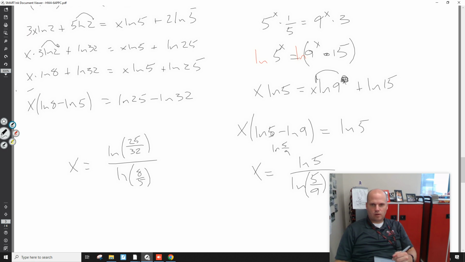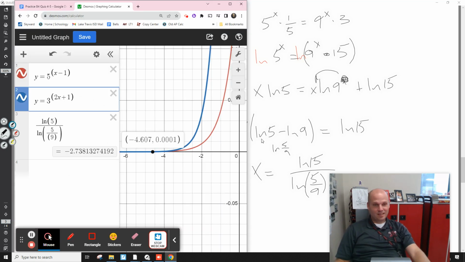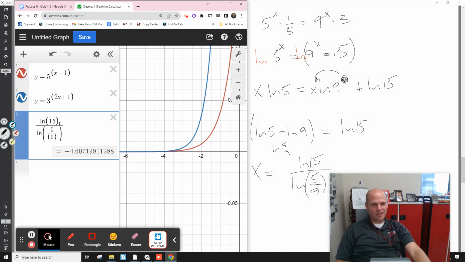I have natural log 5 minus the natural log 9 of x's. Yo, this is a classic student error. 15 turned into 5 magically. That's so funny. There it is. Negative 4.607.